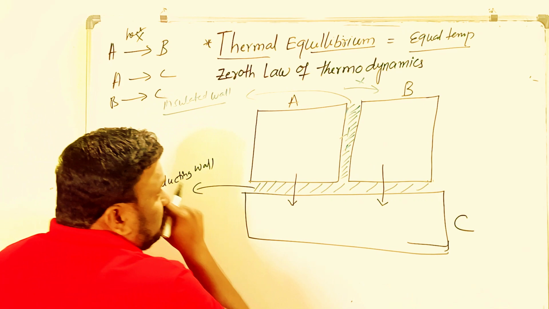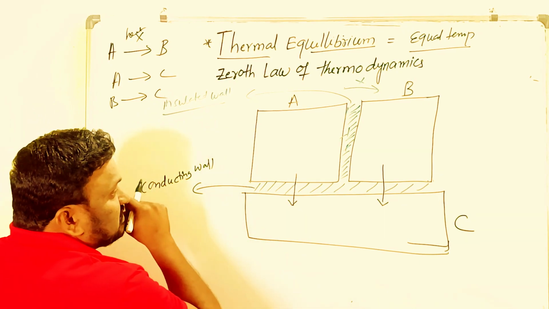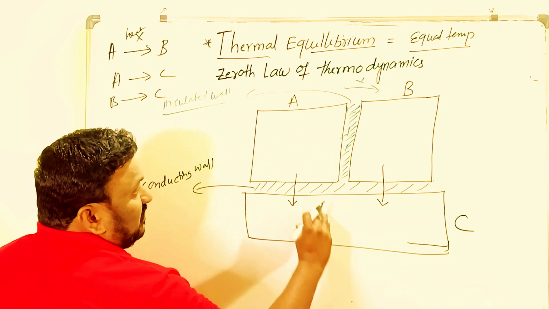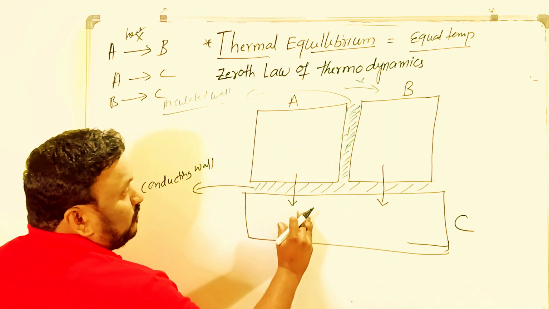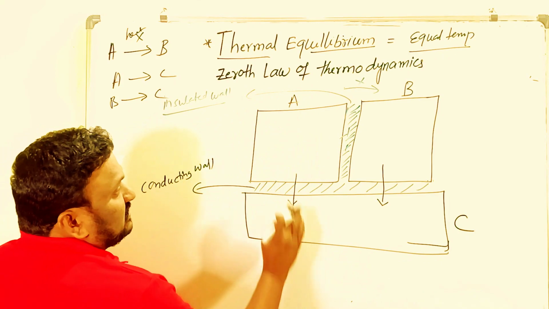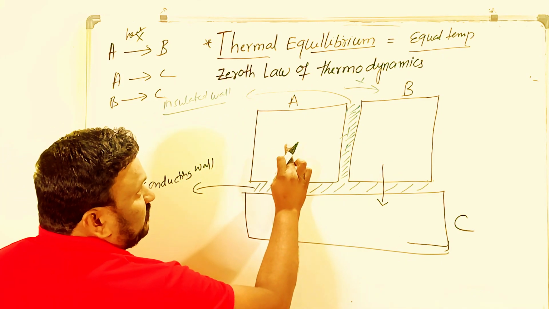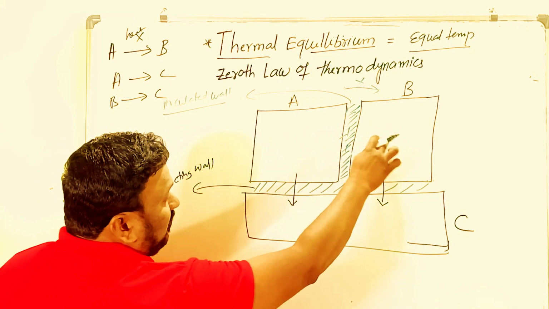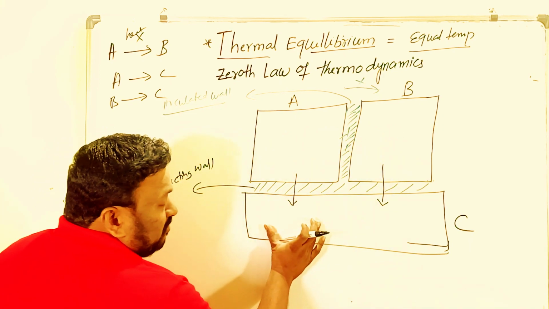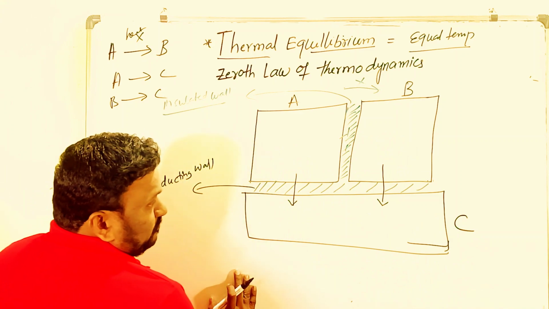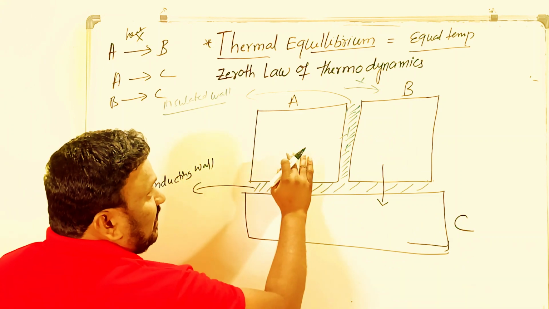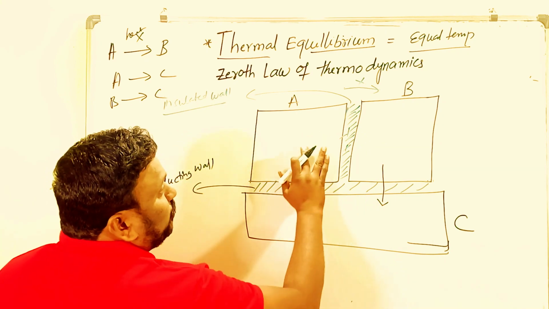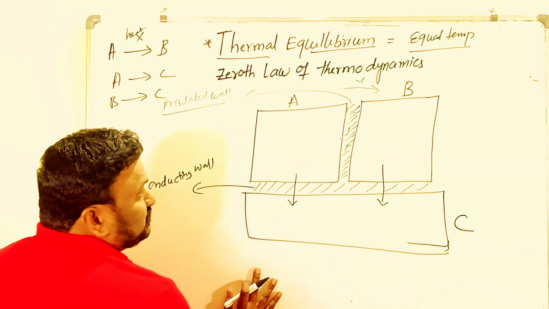Dear students, now what we discussed in the previous one: A and C are in thermal equilibrium. What is the zeroth law of thermodynamics? The first two bodies, A and B, are in thermal equilibrium with the third body C. Then A and B are also in thermal equilibrium, even though there is no heat transfer between these two.